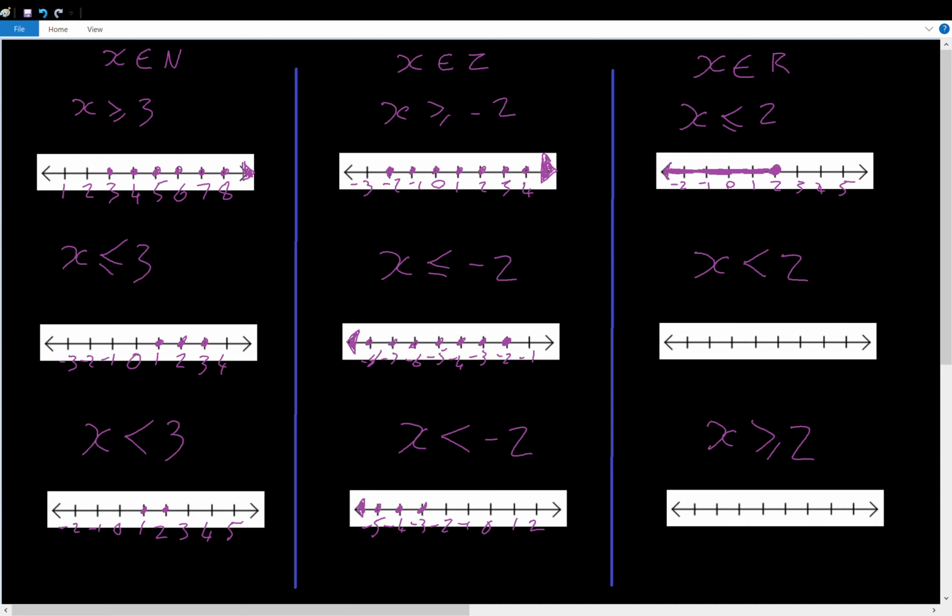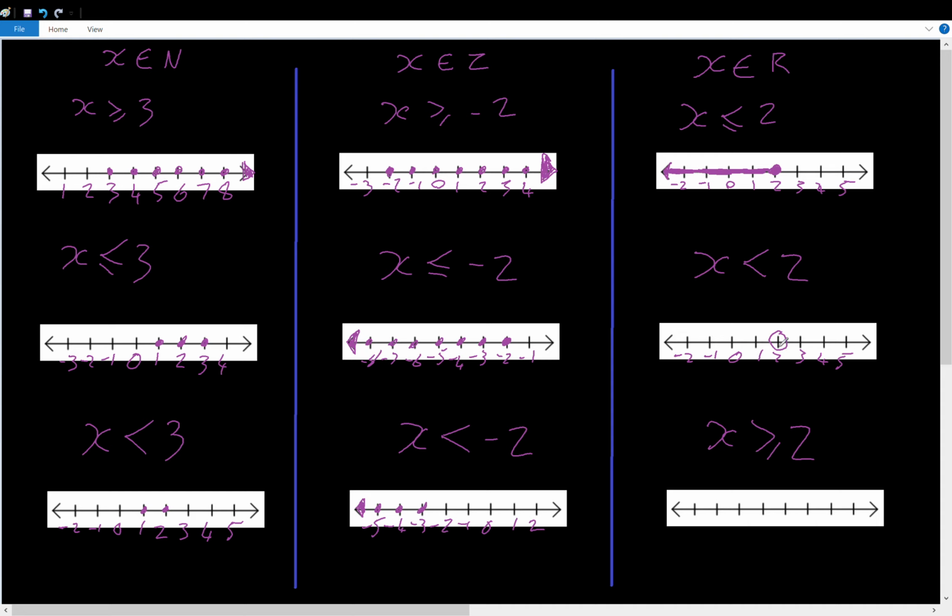The difference between our first one here and our next one is this time we have x is less than 2. And if we fill in our number line, just to start putting the numbers, this time we're going to put a circle on 2. Now the reason for this is that all the numbers leading up to 2, like 1.9, 1.99, all those numbers up from there, are going to be included in this particular set, but 2 itself won't.